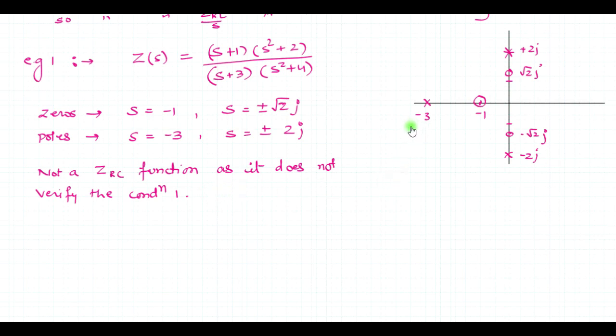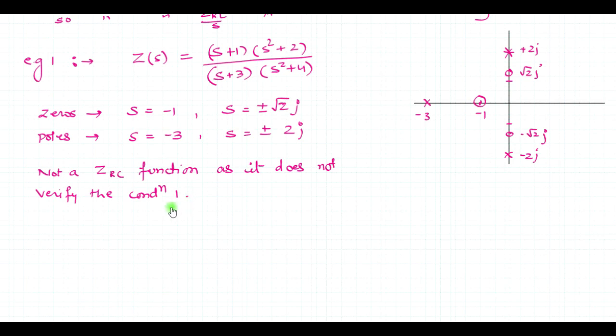Let us check. For a ZRL function, all the poles and zeros should lie on the negative real axis, and hence I would say that it is also not a ZRL function. Similarly, if I check it to be an LC function, then all the poles and zeros must lie on the imaginary axis only. There should be no poles on the real axis. Hence, it is neither an LC function, nor an RC function, nor an RL function.